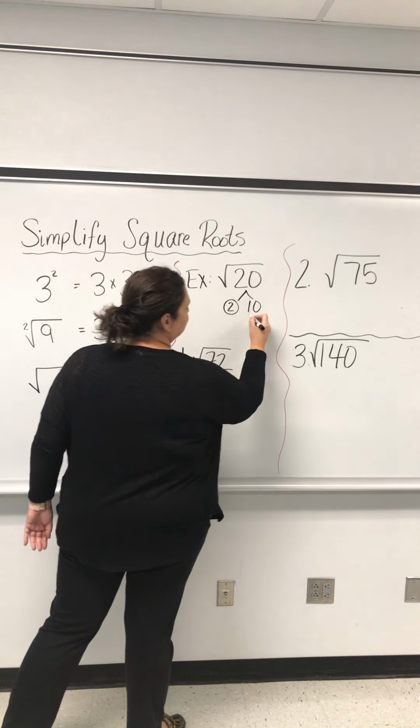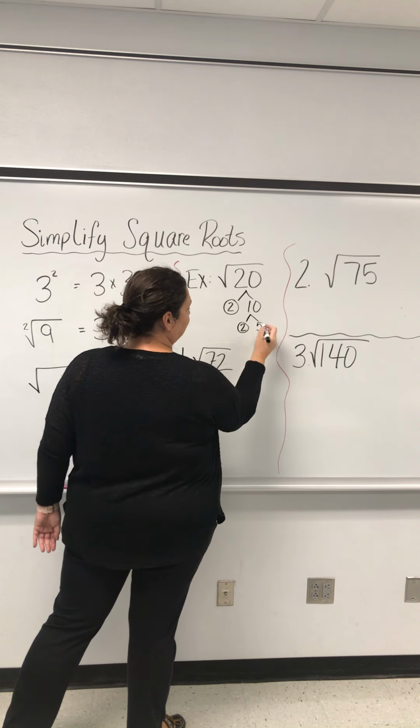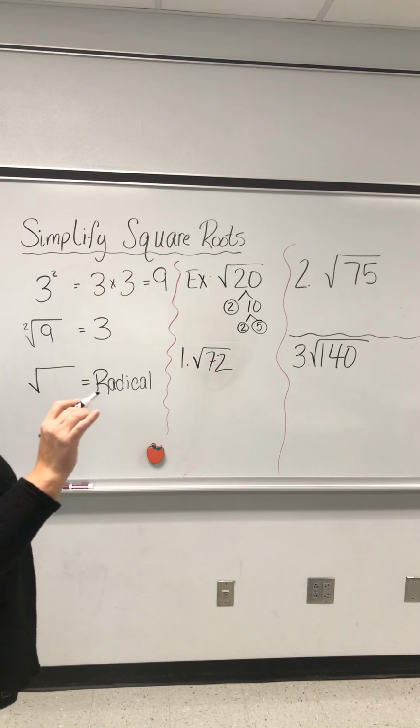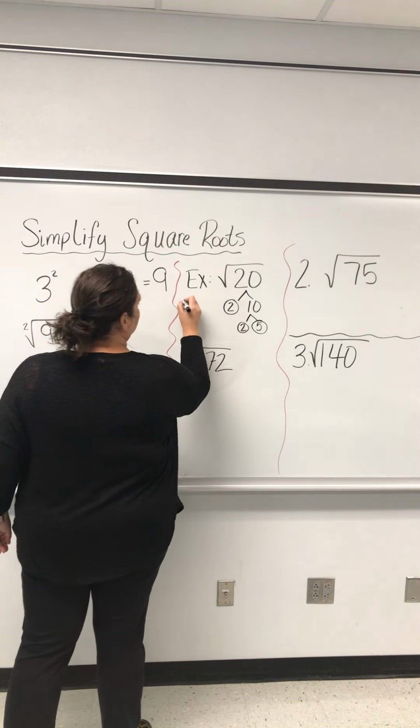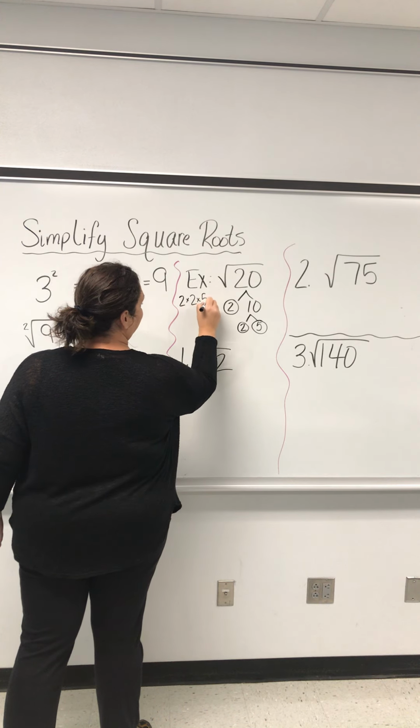So we know that 2 will go into that, prime. 2 times 5 is 10, and that is a prime number as well. So on this side, we will write what we have, 2 times 2 times 5.